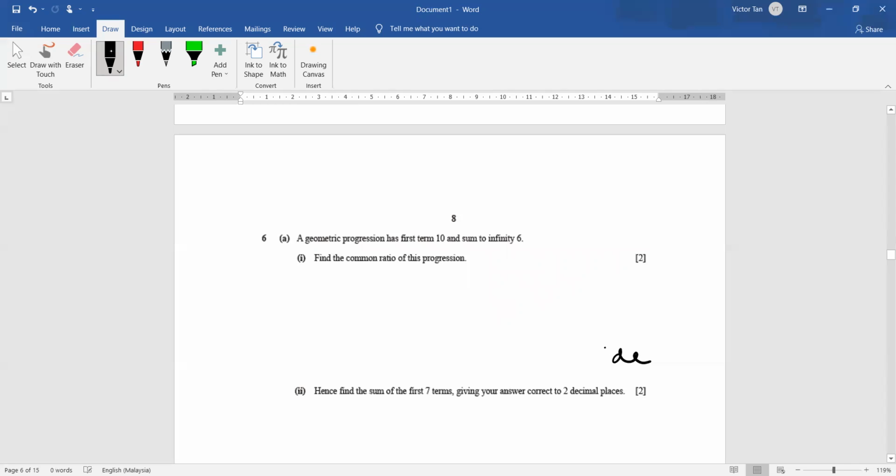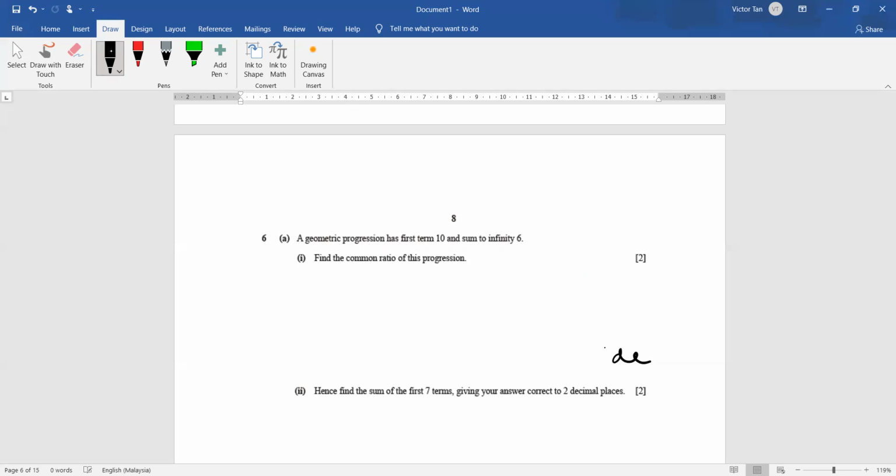A geometric progression has first term 10 and sum to infinity 6. So this is a equals 10, sum to infinity equals 6. So the formula is S infinity is a over 1 minus r.